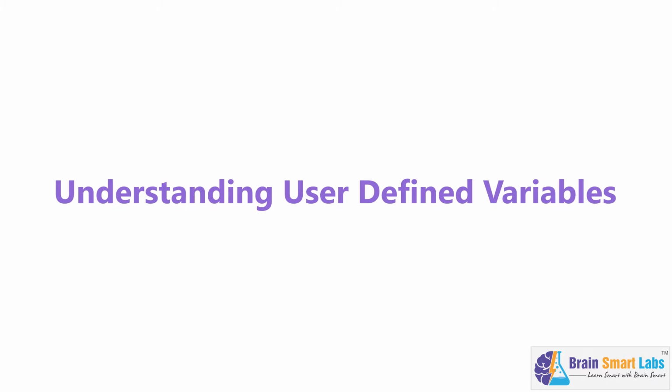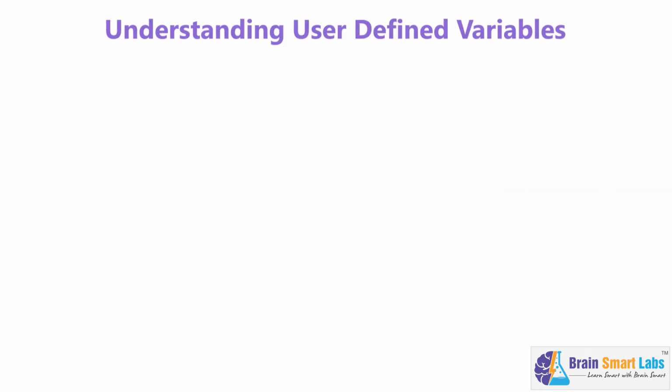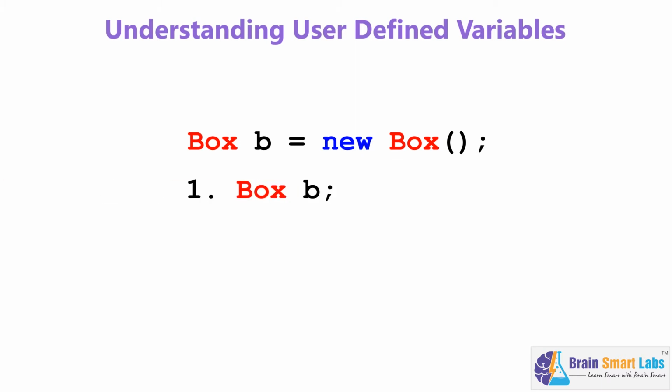Yeah, sure, why not? Let us start understanding more about user defined variables. Consider a statement box b equal to new box. Now this statement can be broken down into two different statements in Java. One statement is box b and the other statement is b equal to new box.